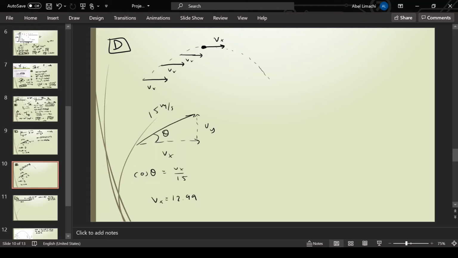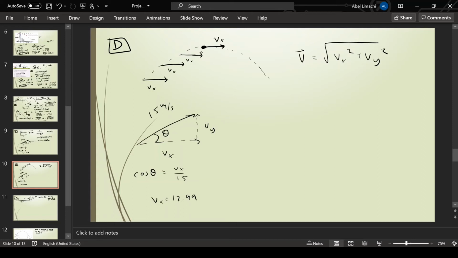Alright. So the velocity vector is going to be this. Velocity is equal to the square root of Vx squared plus Vy squared. Because if you look, this would be the Pythagorean theorem, this squared plus that squared equals that squared. But since we're not looking for this squared, we just square root everything and we get this.